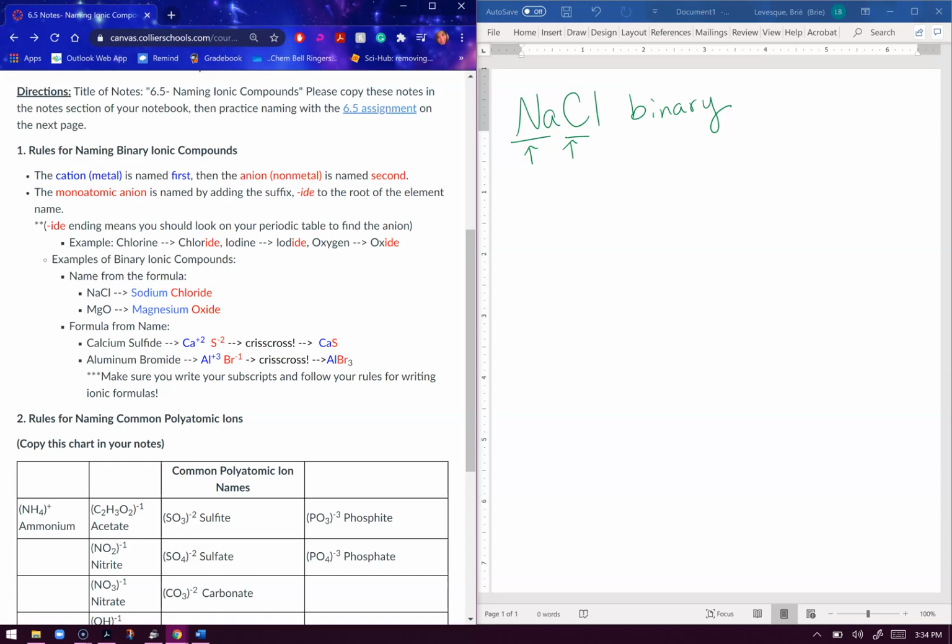The anion gets the suffix IDE. So if we look at our example here, NaCl, Na is sodium, so that gets its name first, it's our metal, and then Cl is chlorine, but because it's in a compound, it gets that IDE ending, so this becomes sodium chloride.